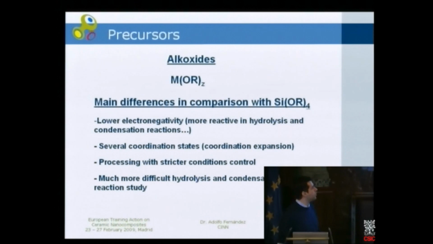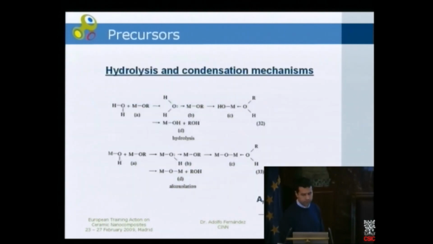These metals can also have several coordination states, and this allows coordination expansion. Because of this high reactivity, it's necessary to process these alkoxides with stricter controls of conditions, for example the humidity. And the kinetic study of hydrolysis and condensation is much more difficult because of this high reactivity.